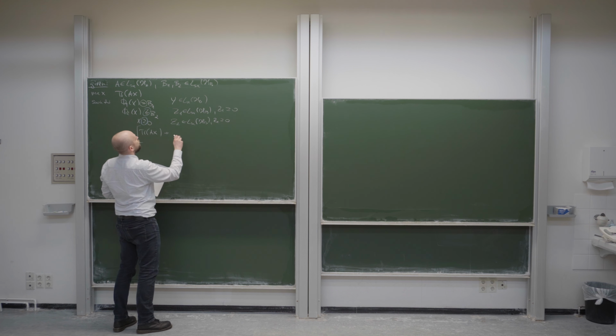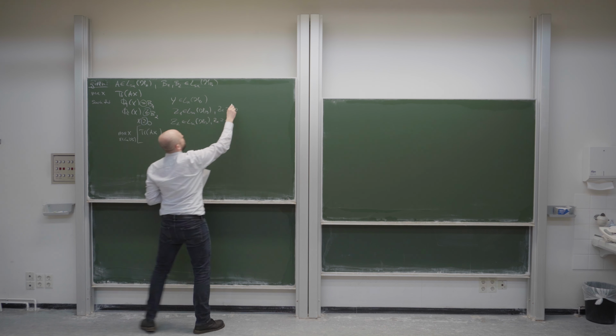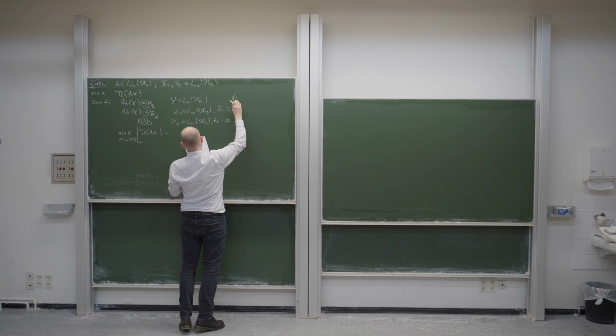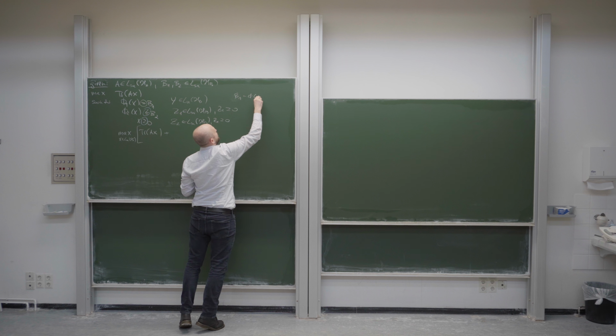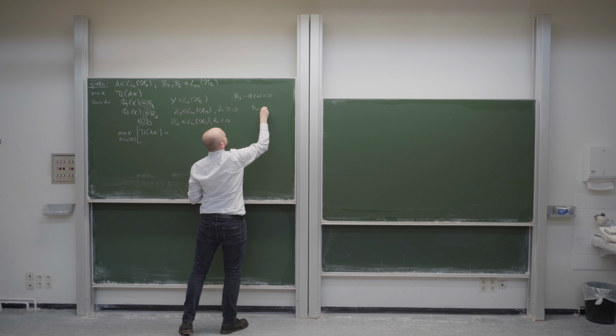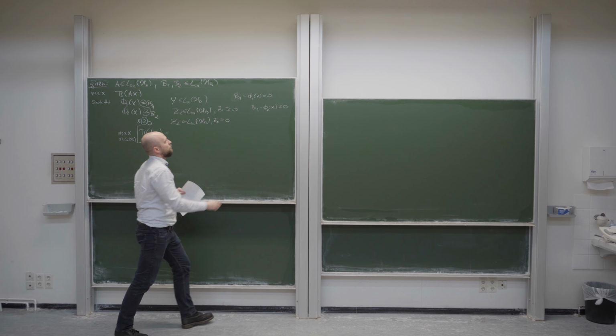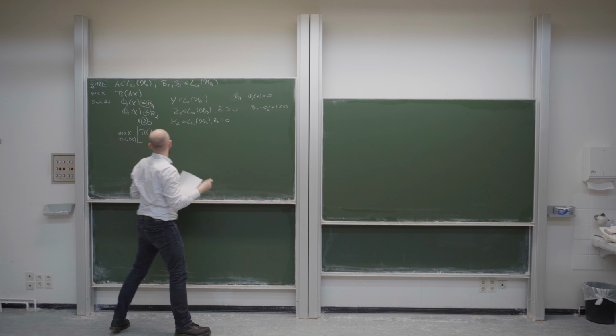So here we are going to rewrite this one as saying that b1 minus phi1 of x is equal to 0, and we are going to rewrite this one as saying that b2 minus phi2 of x is positive semi-definite. You multiply this by the y and trace.